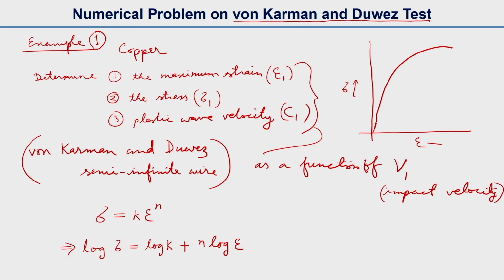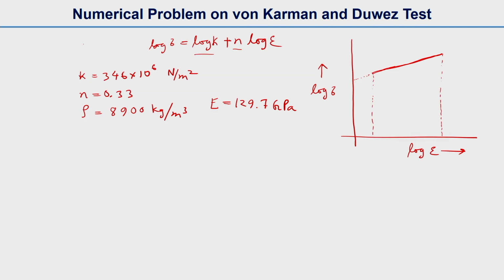We know that the maximum stress is related to the necking instability. For necking instability, we found that the maximum strain is equal to n, and that is 0.33. We will use this.